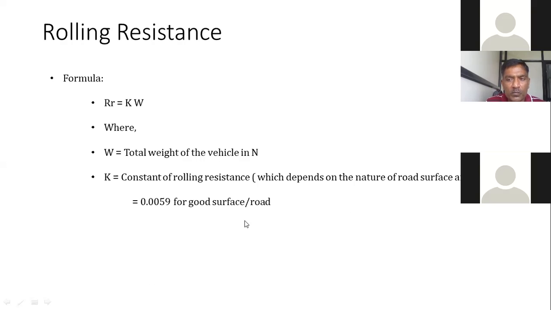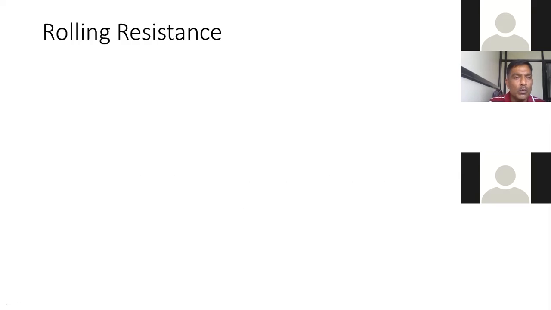For good condition, K is 0.0051. For a road having loose sand, the value is 0.018. Finally, if the value is not given, we consider K equal to 0.015 as a representative value.